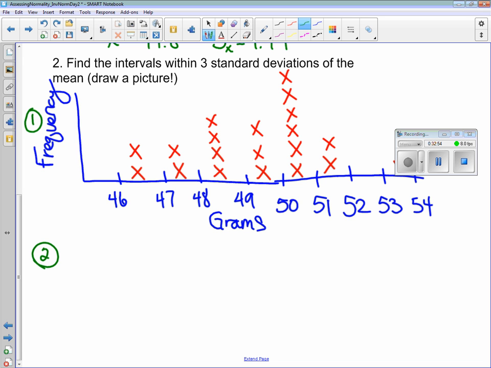Step 2 is I'm going to sketch the normal probability plot, and I'm just literally going to sketch it. I probably sketched it a little bit too much of a curve. Something like that. Would you agree?